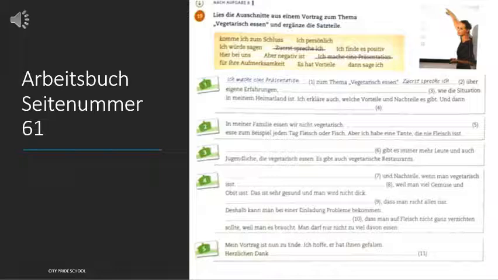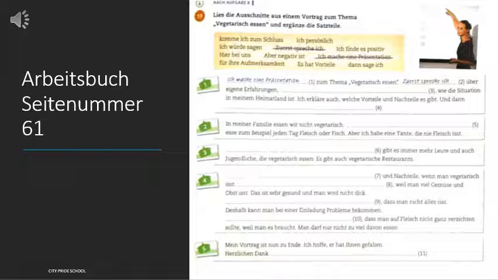Nummer 5. Blank und Nachteile, wenn man vegetarisch isst. If one eats vegetarian. Blank, weil man viel Gemüse und Obst isst. Because one eats lots of vegetables and fruits. Das ist sehr gesund und man wird nicht dick.